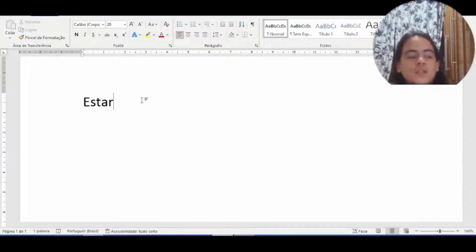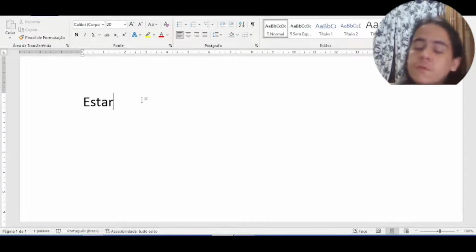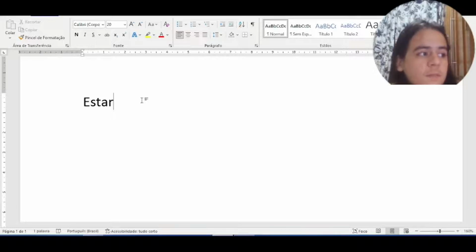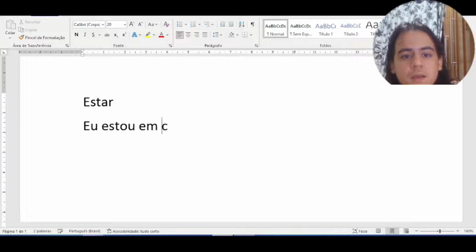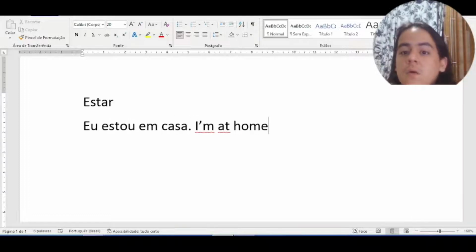So estar is used for temporary characteristics, and ser is used for permanent characteristics such as nationality, your name, and estar for temporary. For example, eu estou em casa. I'm at home.